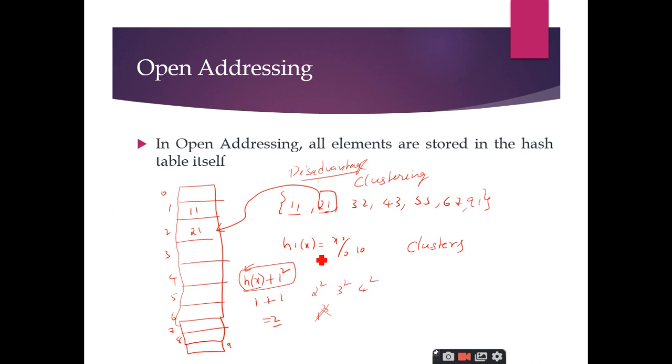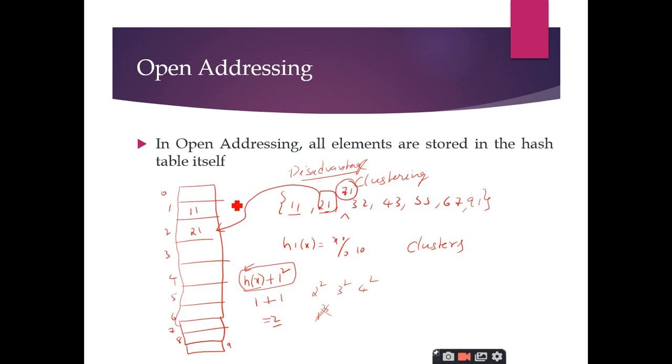Yes, sir. Right. So in order to explain this quadratic probing, let me take another 71 in between this 21 and 32. Now it will be very clear for you. What is the key that is generated for 71? 1, sir. 1, right?